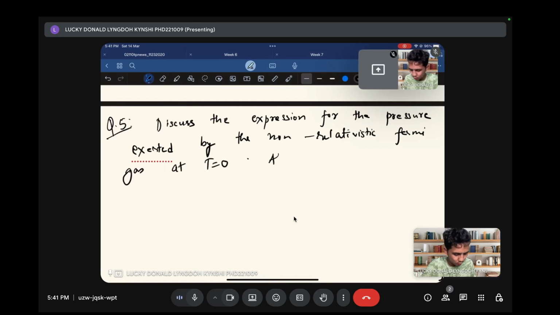Also find the bulk modulus. This is also the same problem as the previous two.